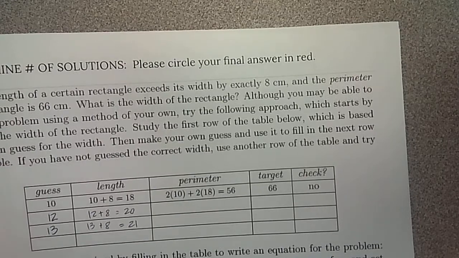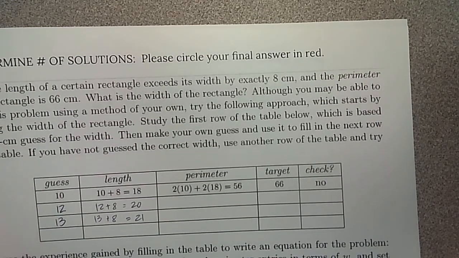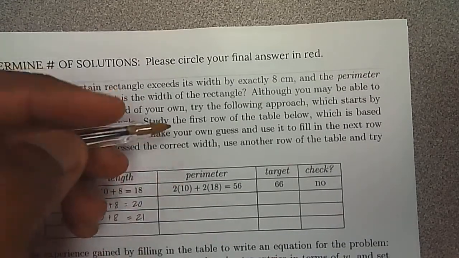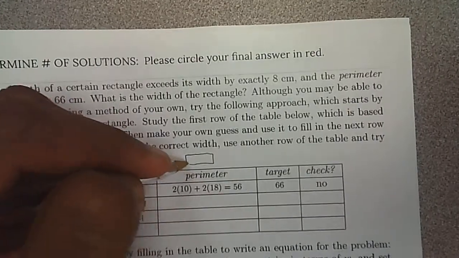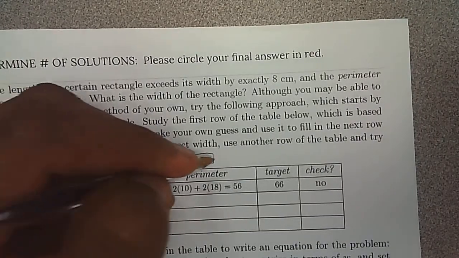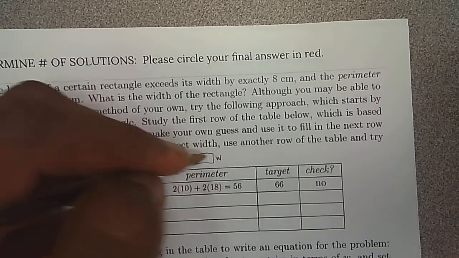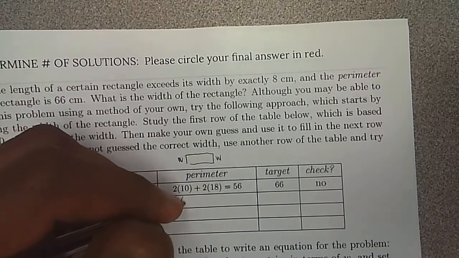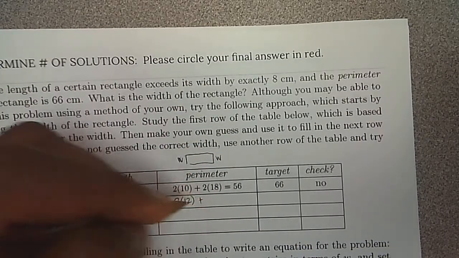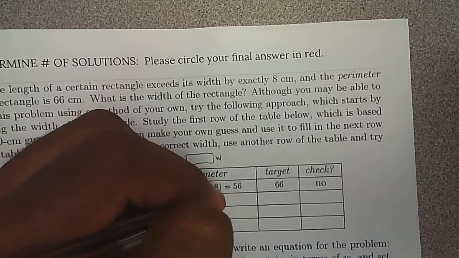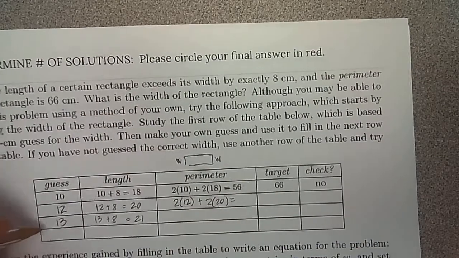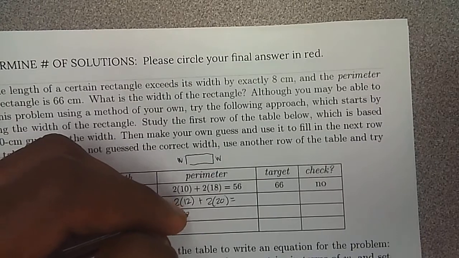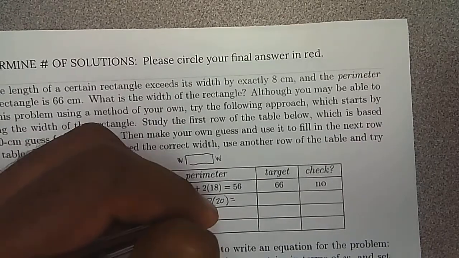So we talked about a rectangle and how the perimeter, you add all the sides together. So you have a width, and you have 2 widths. So that's why you have 2 times 12 and 2 times 20. You have 2 13s and 2 21s.